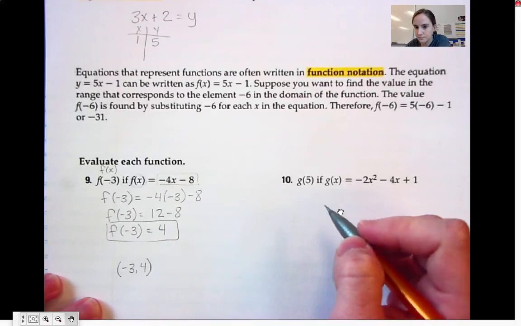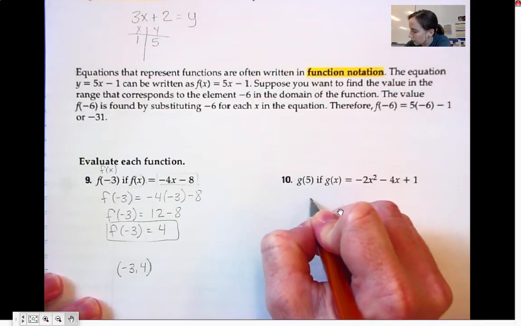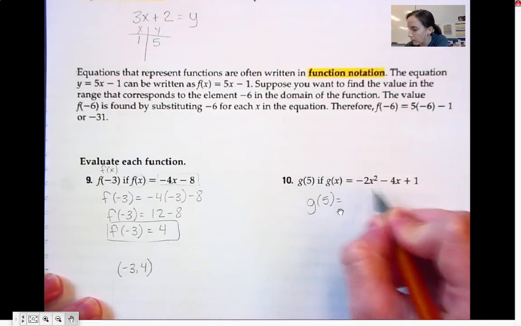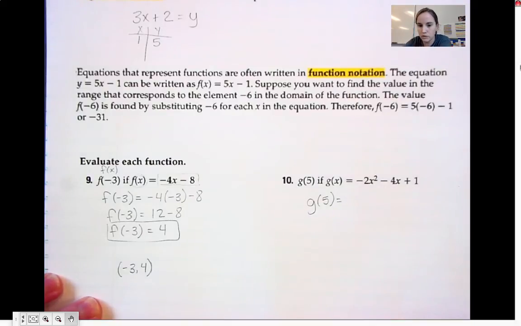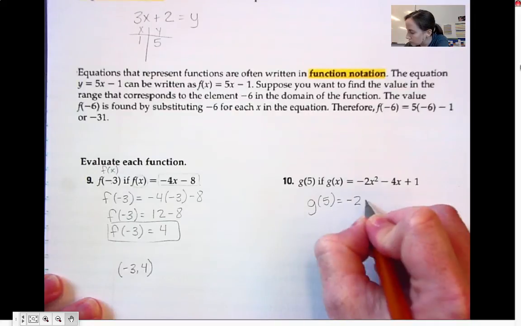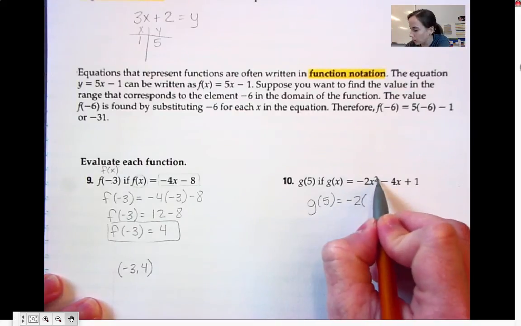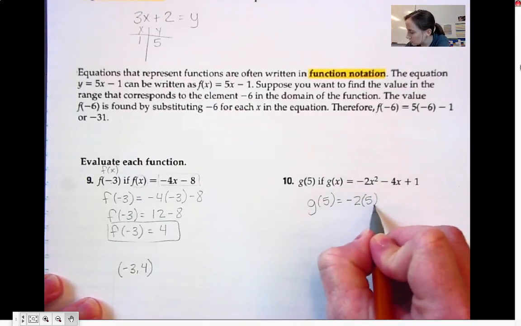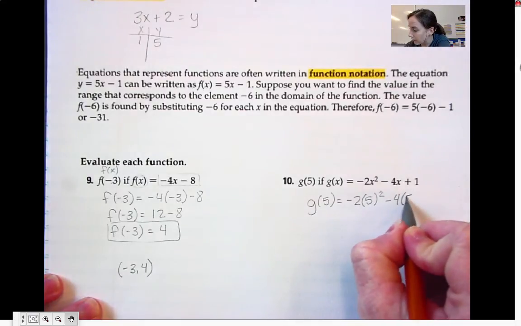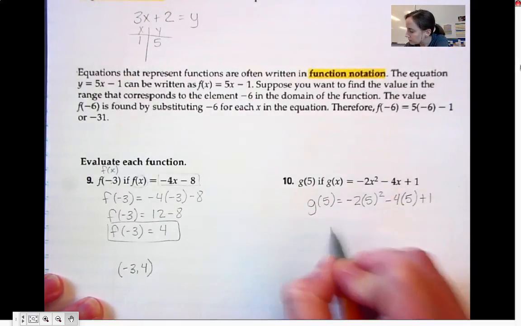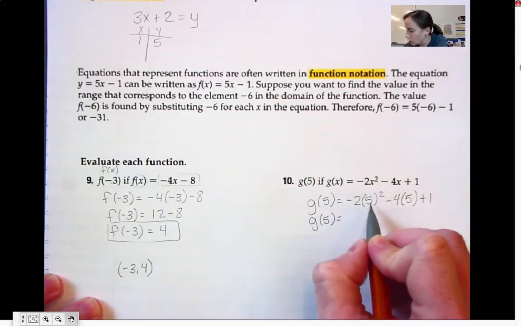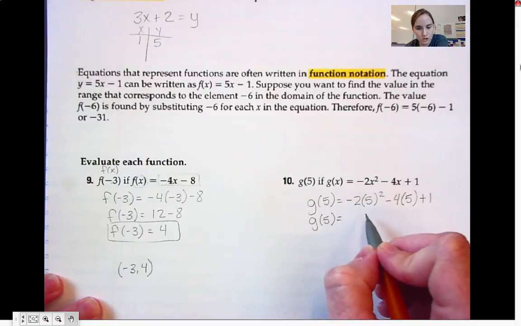Let's try this one. So we're going to evaluate g at 5. And everywhere I see an x value, I am going to plug in 5. So -2 times, the x is squared, so 5 is going to get squared, minus 4 times 5 plus 1. G at 5 is, remember, do your order of operations correctly.